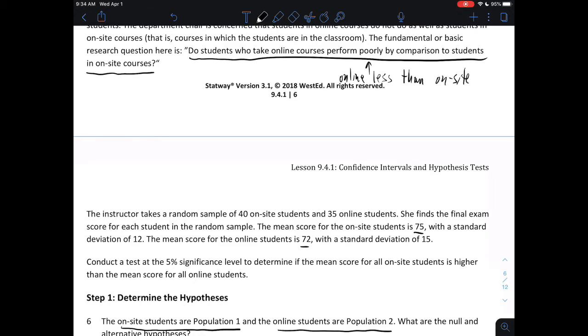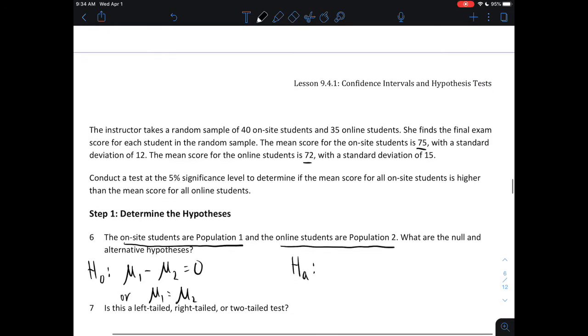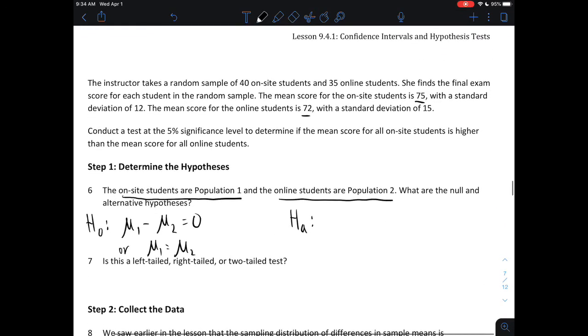If the online has lower scores than the on-site, that means that the on-site students have higher scores, so they are greater. So the on-site students' mean score, mu1, should be greater than mu2, which also means the same thing as their difference, mu1 minus mu2, is greater than 0.